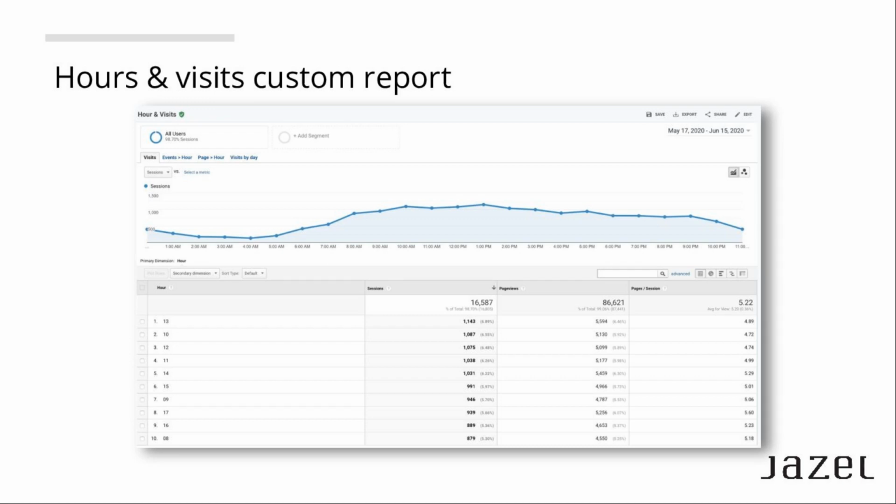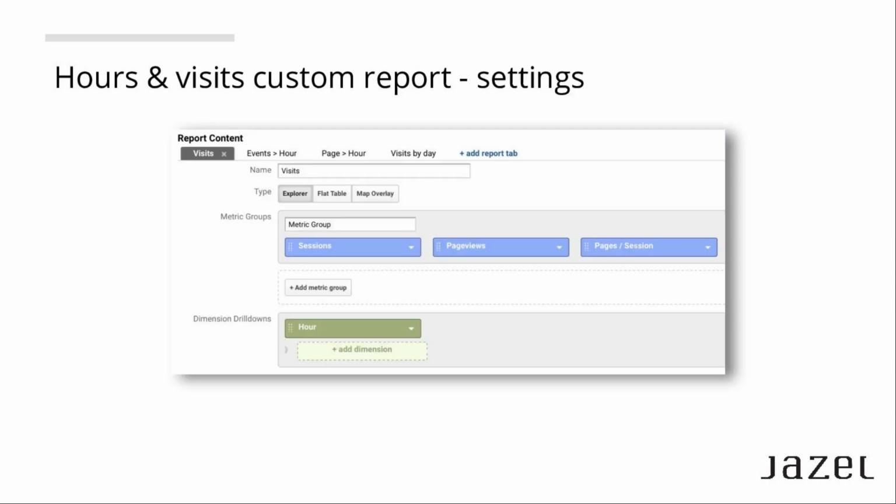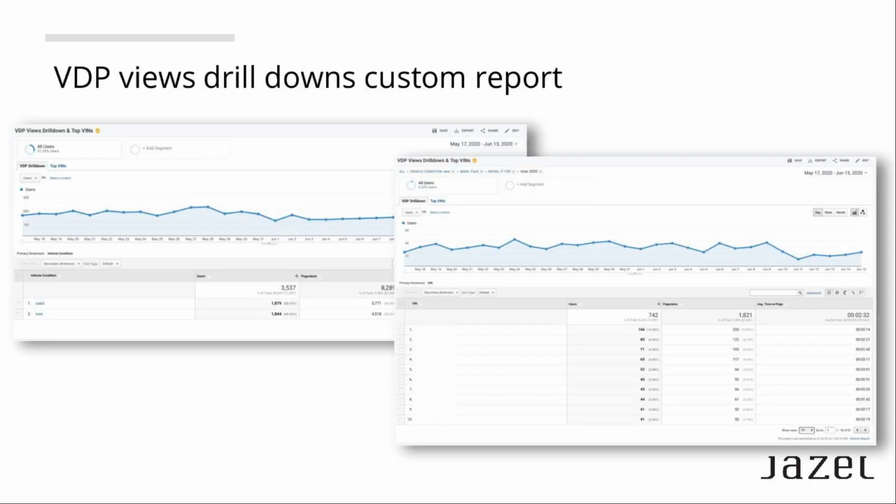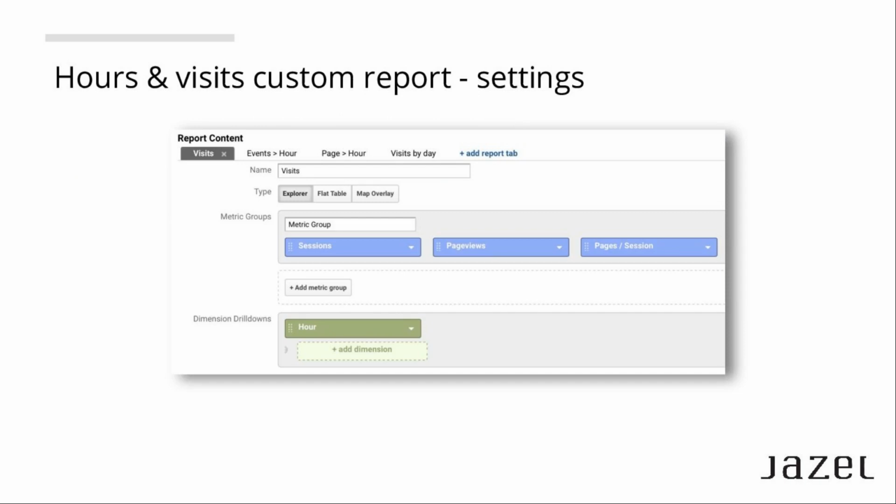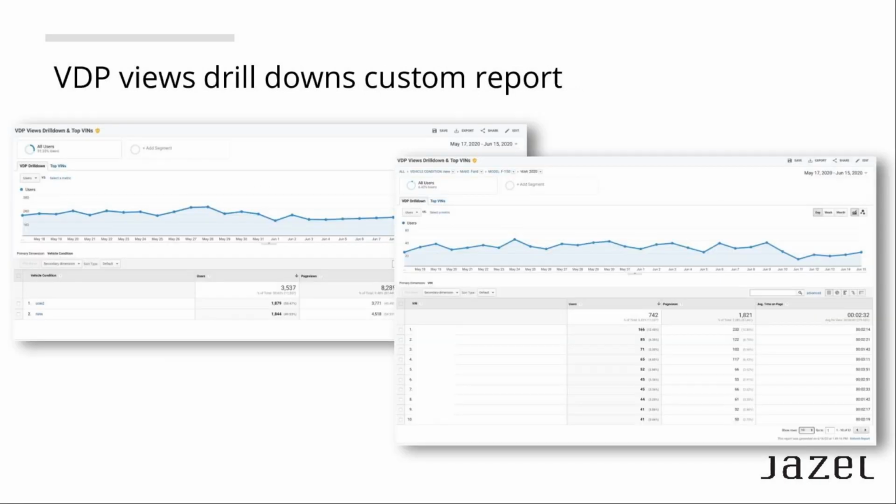And again, these are customizable, so you can include more than just what we have here. But this report in particular is looking at sessions, page views, and pages per session, and then the dimension is by hour. I like this one because it really tells you when you're top of mind to customers or potential customers. So you can really start targeting advertising even based on hour.